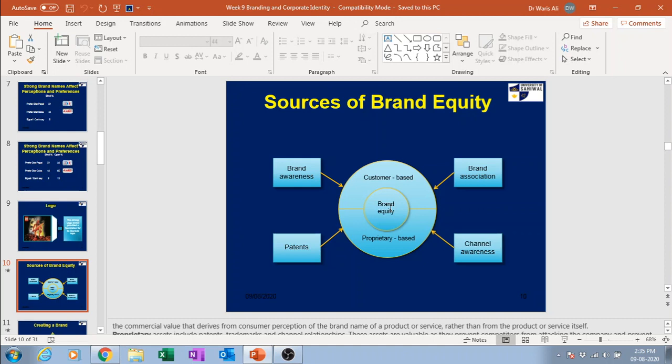When you build the brand, it will bring commercial value to your brand. Say, one company manufactured two laptops, and nothing was written over the first laptop to say who manufactured it.